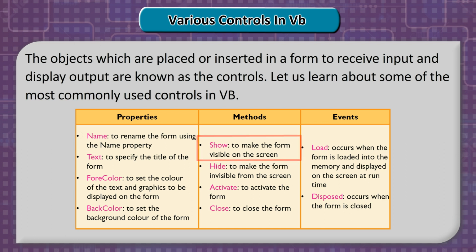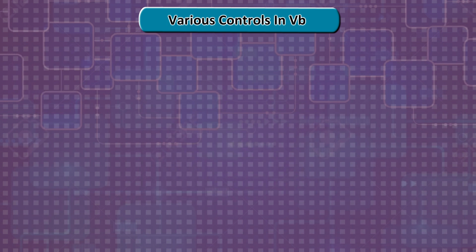Show, to make the form visible on the screen. Hide, to make the form invisible from the screen. Activate, to activate the form. Close, to close the form. Load, occurs when the form is loaded into the memory and displayed on the screen at runtime. Disposed, occurs when the form is closed.